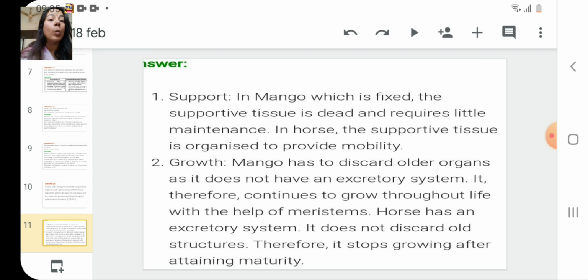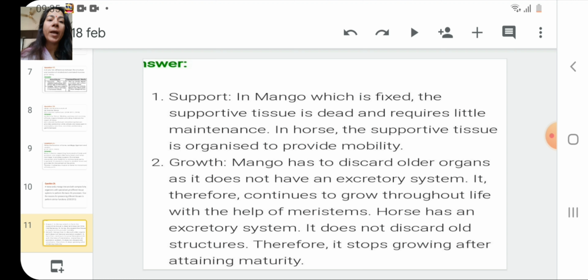In mango, which is fixed, the supportive tissue is dead and requires little maintenance. In horse, the supportive tissue is organized to provide mobility in the body of the horse. So that is a basic difference.